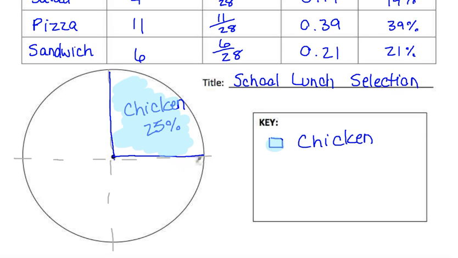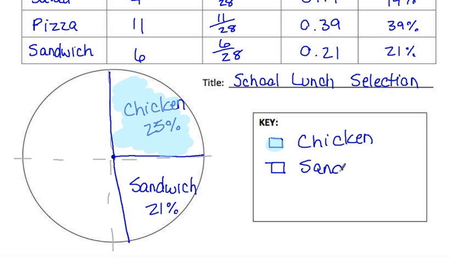So I'm going to take one of this bottom corner L right here, and I'm just going to cut it right beside where that line would go to be upright. And I'm going to call this the sandwiches. And that's going to be 21%. So I chose that one because 21 is just a little bit smaller than 25.